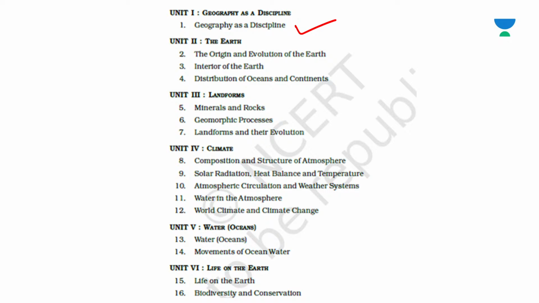Then after that, friends, we have discussed the Earth. We have started where we have covered the origin and evolution of the Earth. From today onwards, in this section, we will discuss the interior of the Earth.